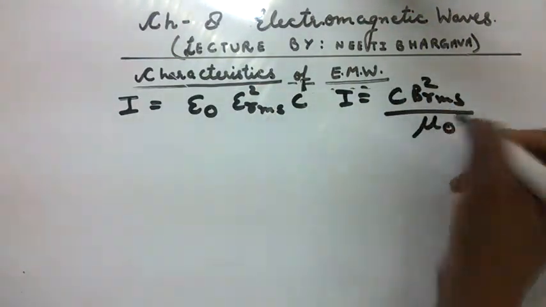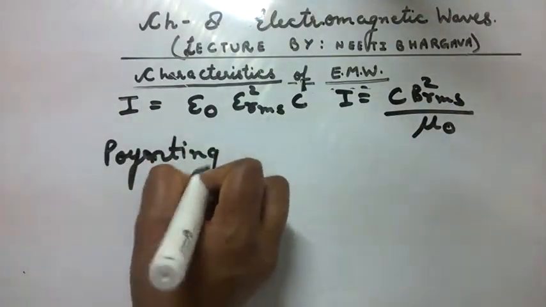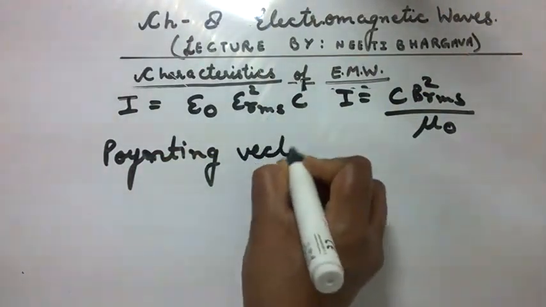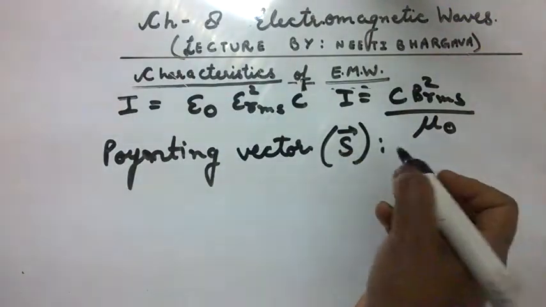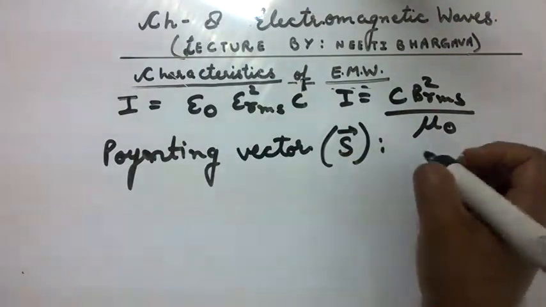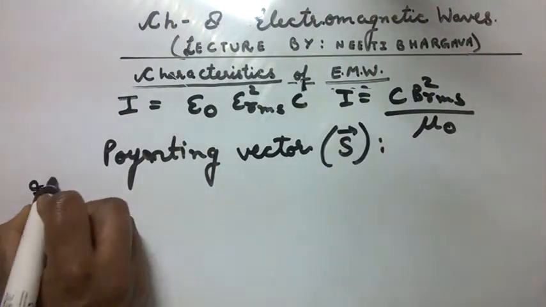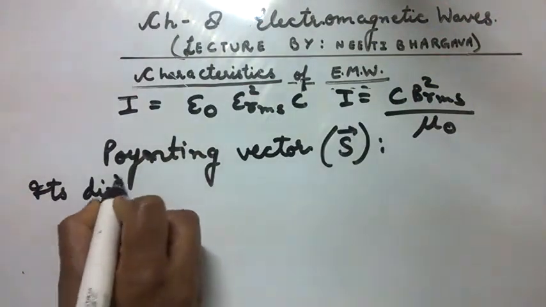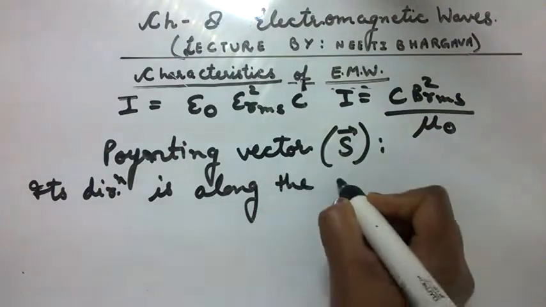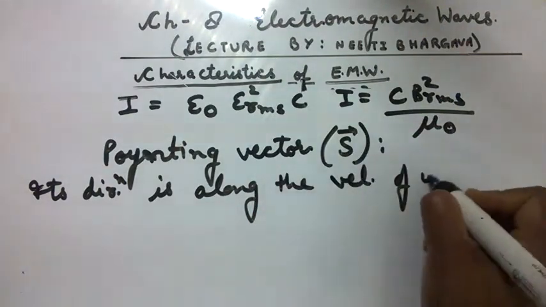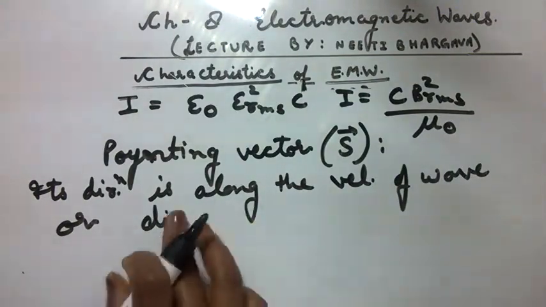Now Poynting vector is denoted by capital S and it's a vector quantity. It shows the direction of propagation of electromagnetic wave towards the direction of the velocity of a wave, or towards direction of propagation.